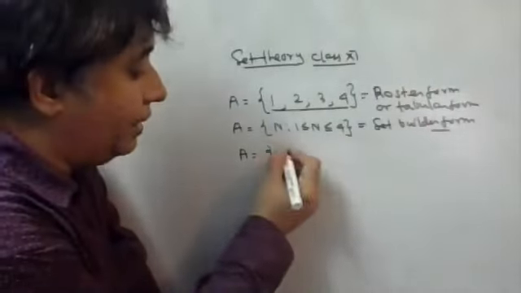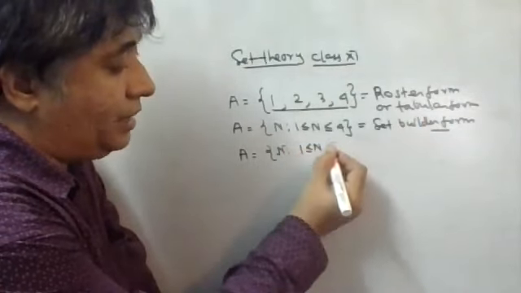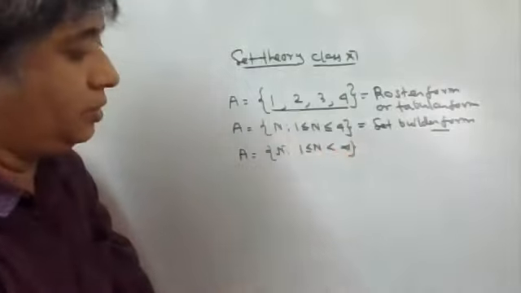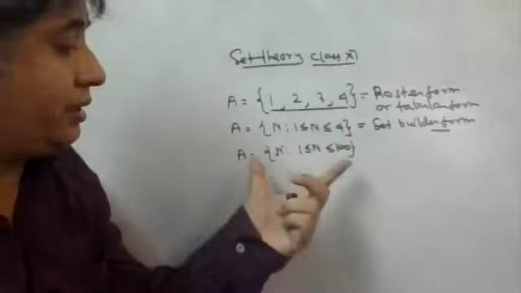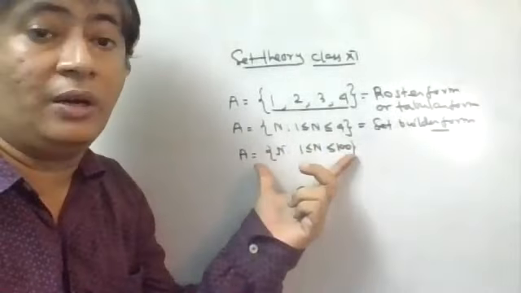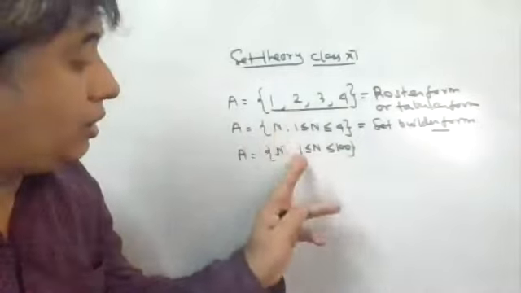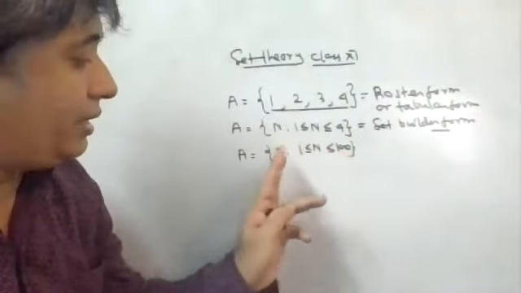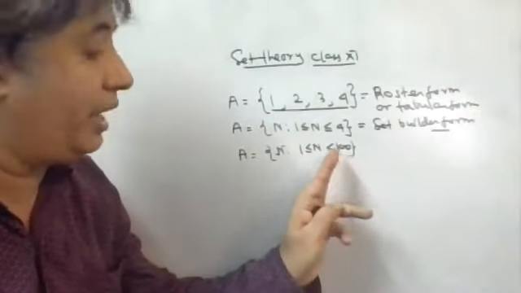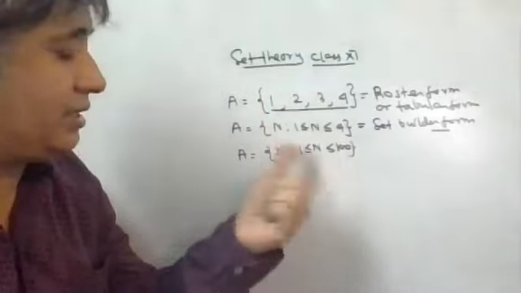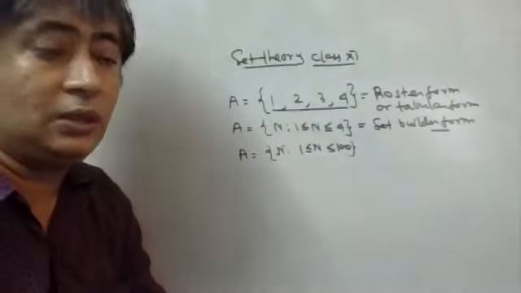So you better write n, where n lies between 1 to infinity, or if it is confined to 100, 1 to 100. So the set contains the first 100 natural numbers. Instead of writing all numbers 1 to 100, you can write natural number and give the interval where this natural number lies. This is called set builder form.